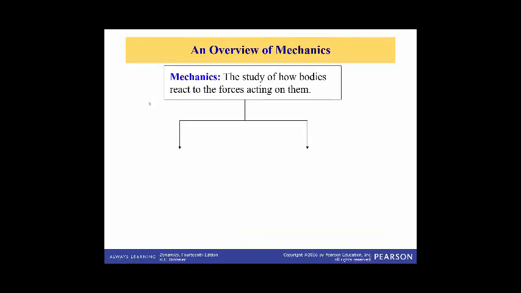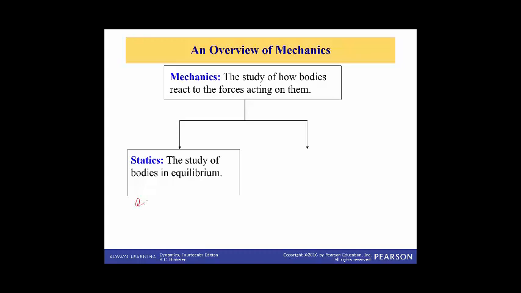So let's talk about what's the difference between statics and dynamics. As we mentioned at the beginning of the semester, mechanics is the study of how bodies react to the forces acting on them. We are dealing with statics, so we're looking at the study of bodies in equilibrium. And when we say in equilibrium, meaning that they're not moving or the acceleration is 0 in either way.